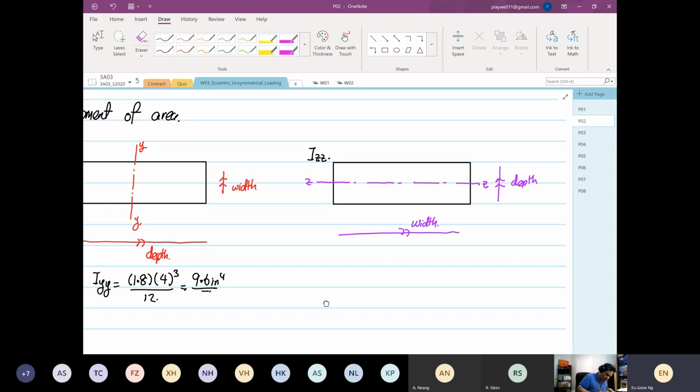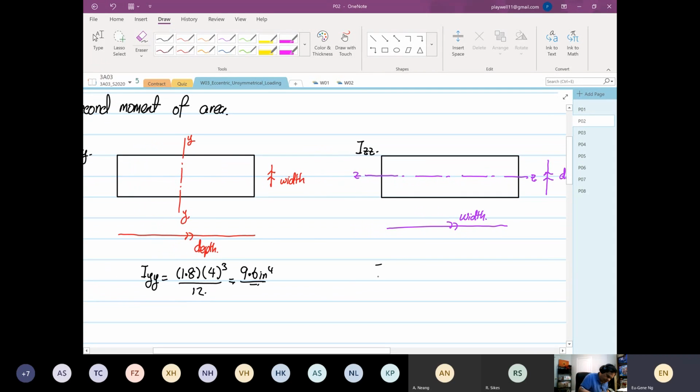So immediately you can specify Izz equal to the width cubed times depth, divided by 12. So this is equal to 1.8 to the power 3 times 4 divided by 12, which is 1.944 inch to the power 4.